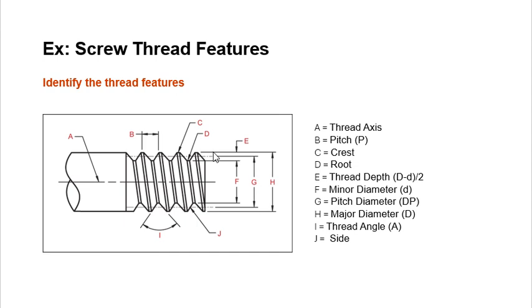That's the line between the crest and the root, and from this line to here is your pitch diameter, the one that is a little bit difficult to see. Then of course your H is your major diameter.